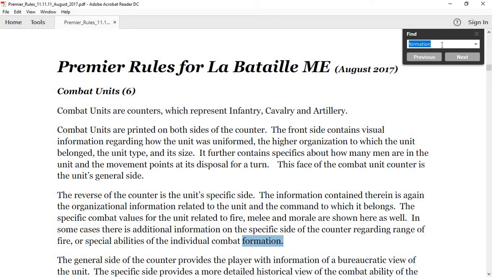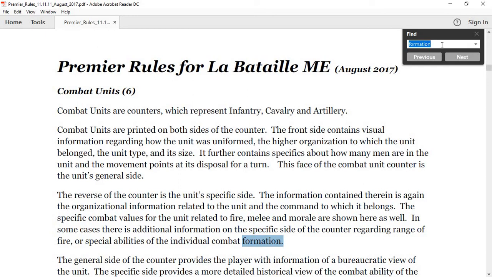In these PME rules, do you ever consider formations in the sense of a regiment of multiple battalions, or a battalion of multiple companies? In some cases, there is additional information on the specific side of the counter regarding range of fire or special abilities of the individual combat formation. Again, isn't that synonymous with unit or counter?